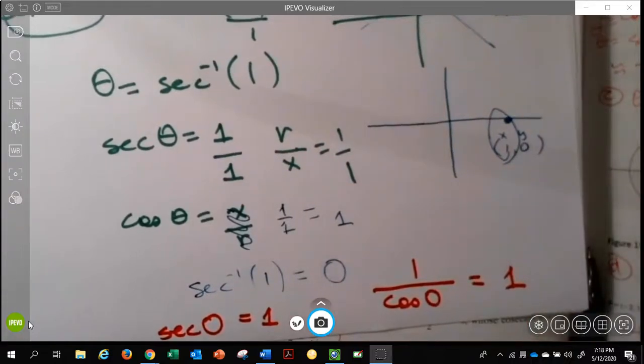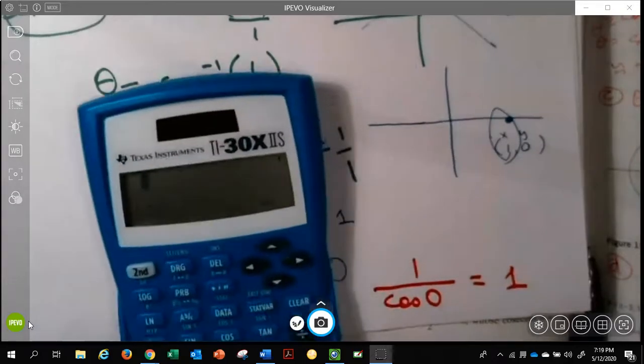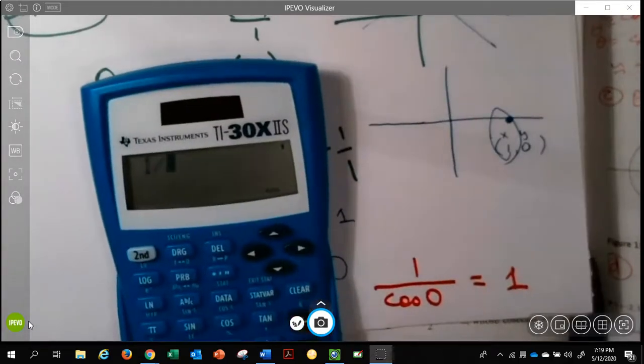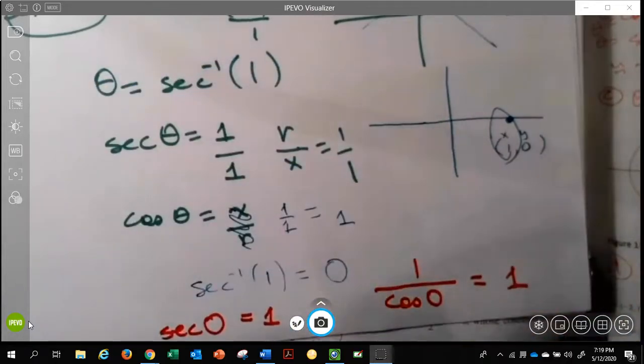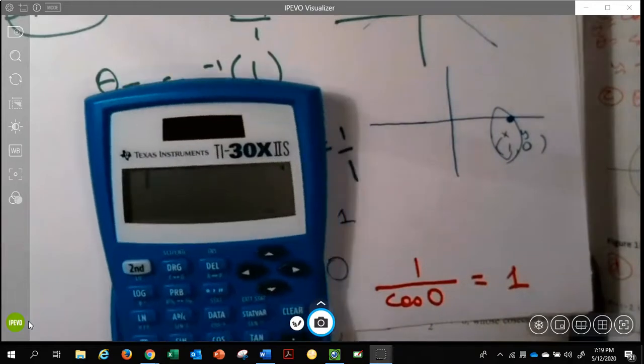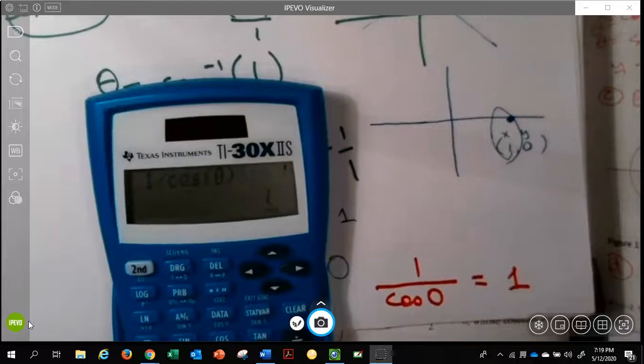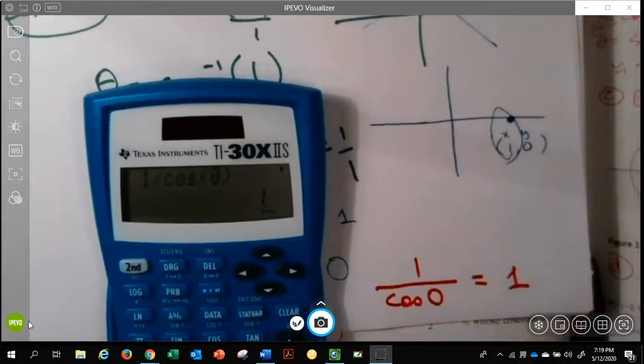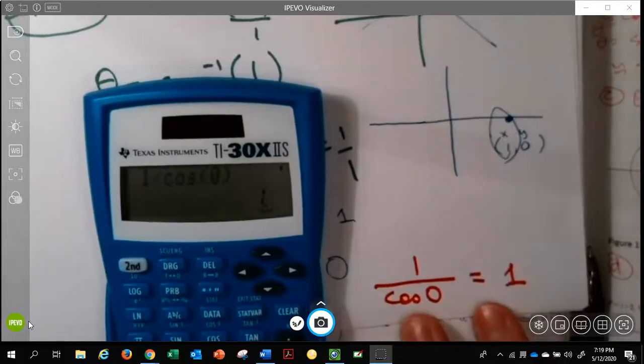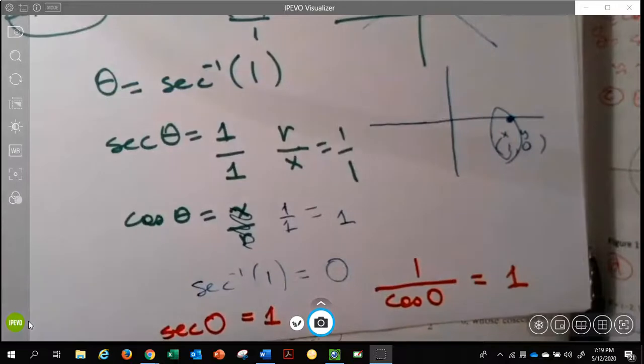And so when I go grab my calculator and turn it on, and I do 1 divided by the cosine of 0, I get 1. Double checks are great, especially when you're getting ready to turn in your test, to go back and do a quick double check. I'm going to kind of keep going quickly.